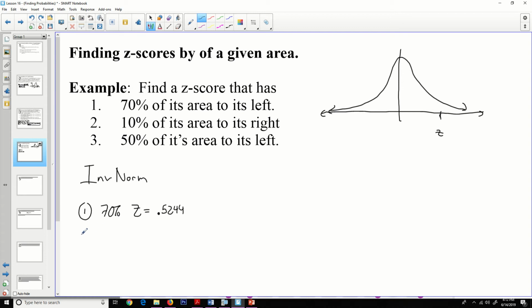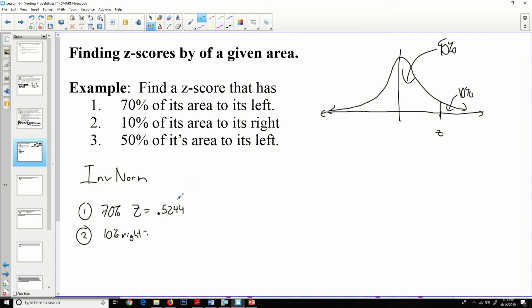Now if we want 10% to the right, that means there's 90% on the left.